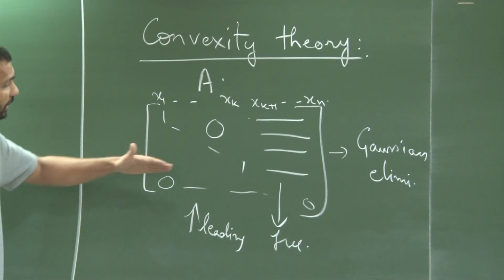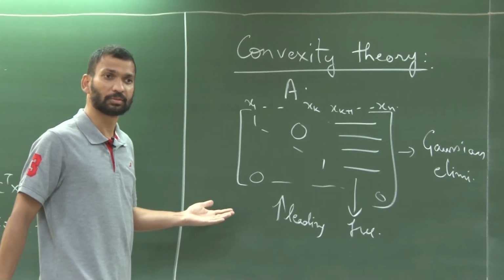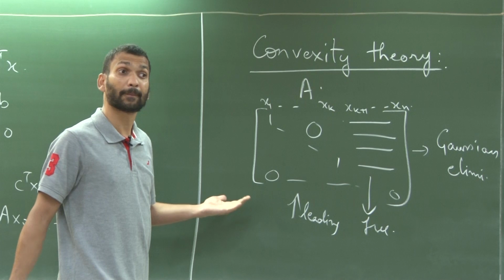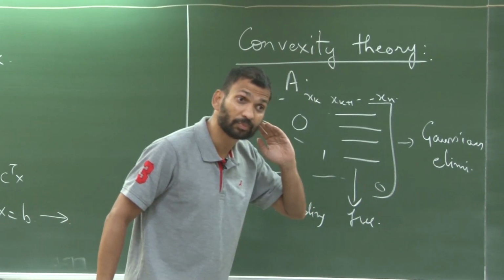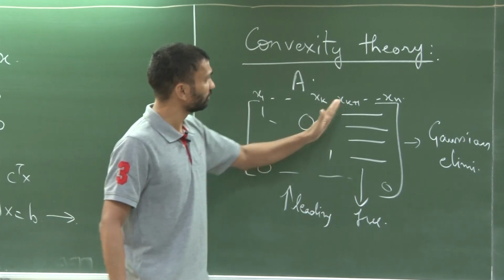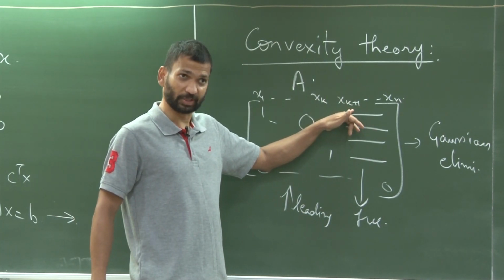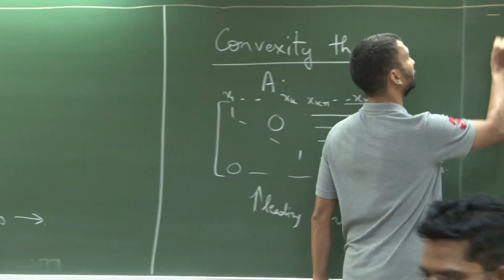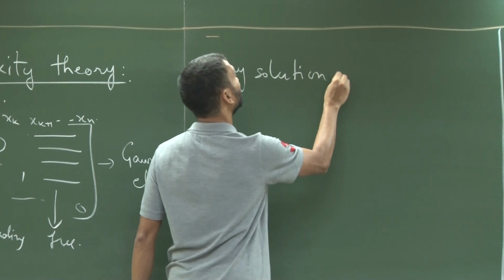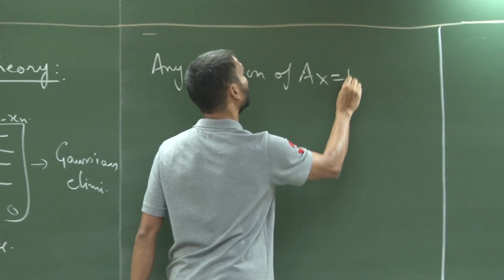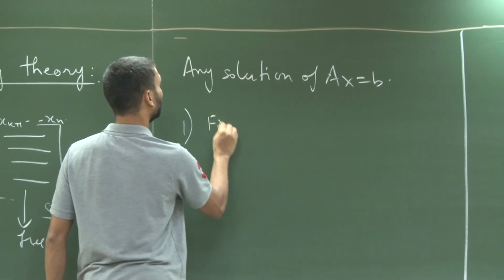So, what do we know? If I want to create any solution of Ax equal to b, then how can I do it? First, fix any value of the free variables. This can be obtained by two steps.